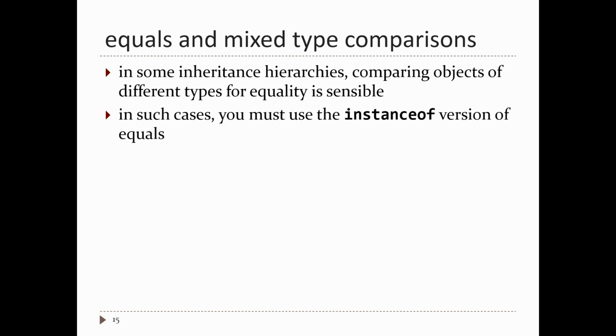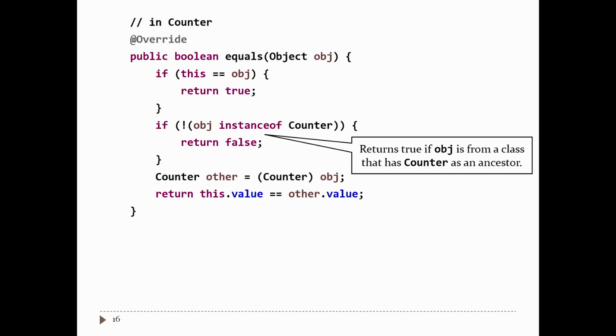If you want to allow what are called mixed type comparisons, then you must use instanceof. So if I want a Counter to be equal to a StoppingCounter or a ThrowingCounter, I have to use instanceof when I implement equals in the Counter class, the superclass. Remember what instanceof does: it does the same thing as getClass, but it does more.